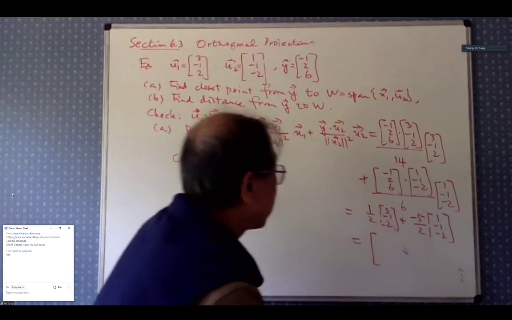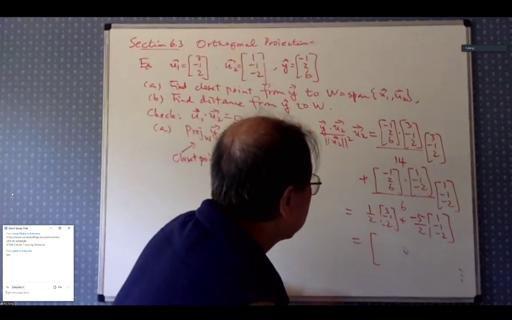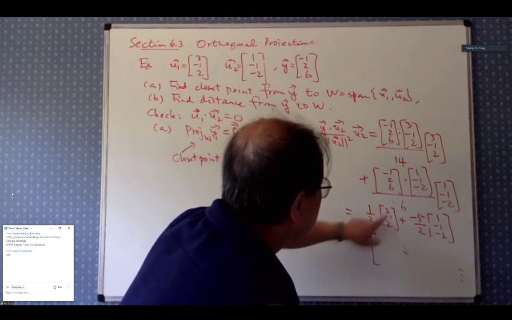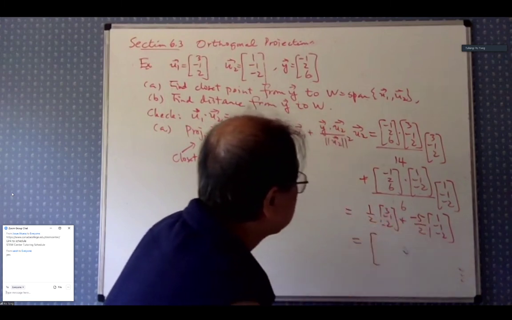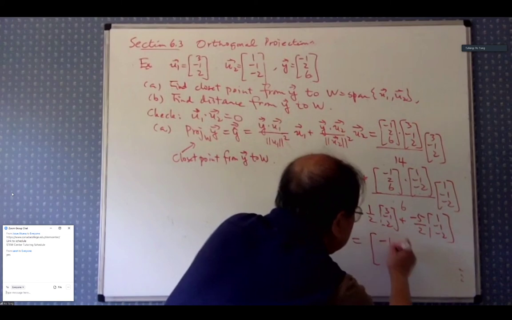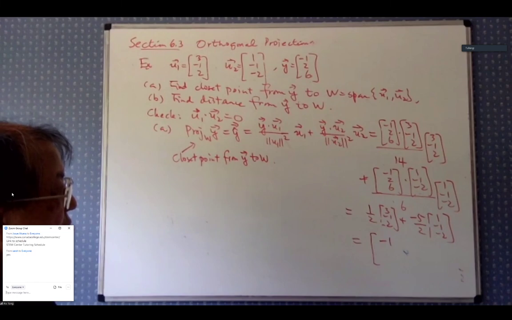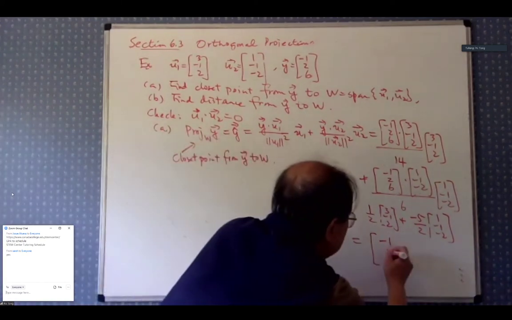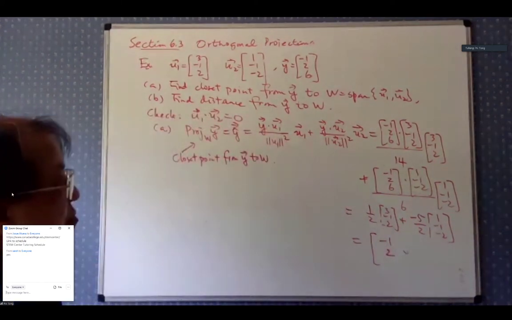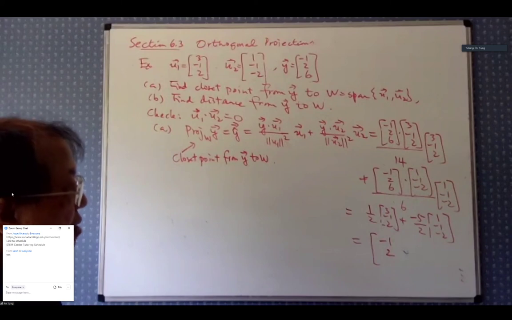So now what do we get? We have 3/2 minus 5/2, -1. Is that correct? -1/2, -1/2, 5/2. This one is 2. And then I have 1 plus 5.